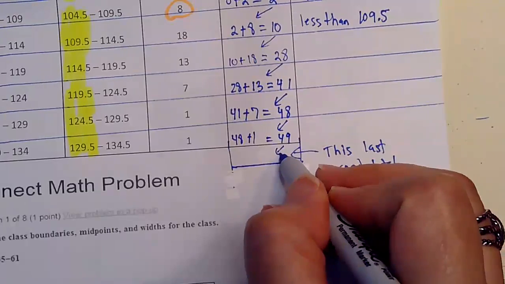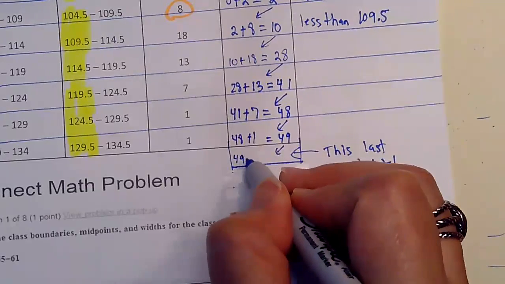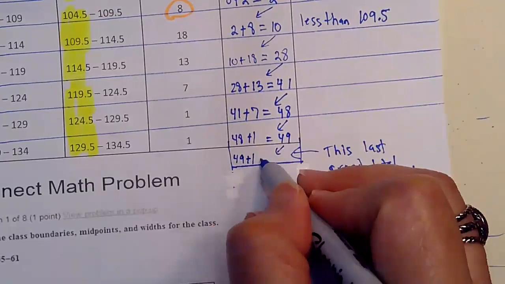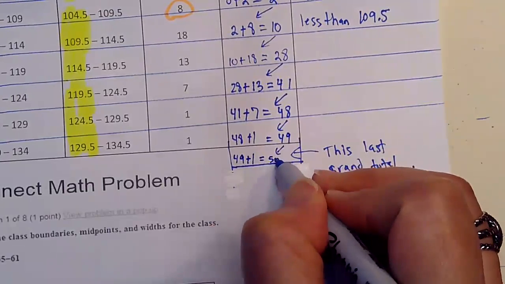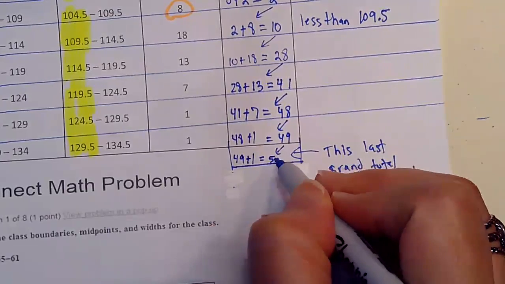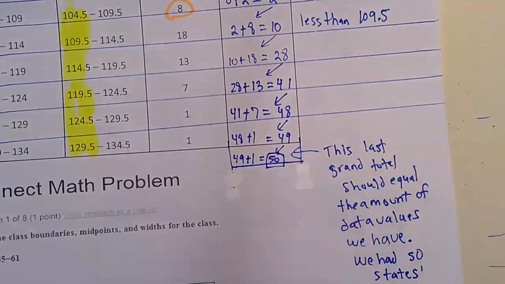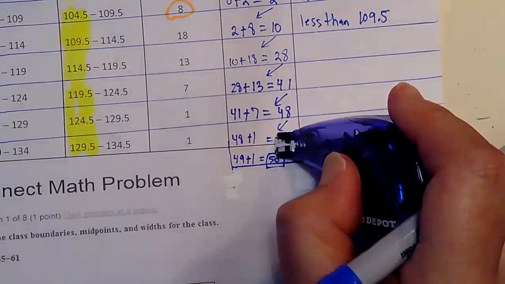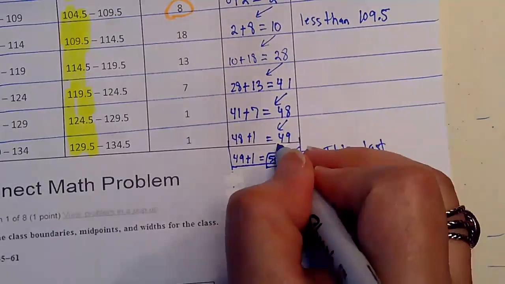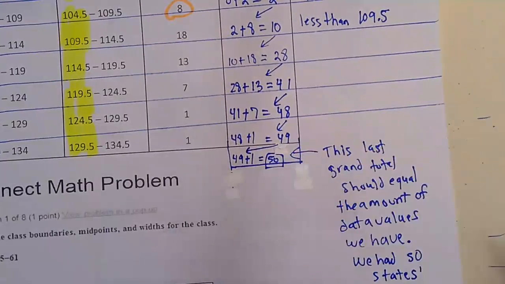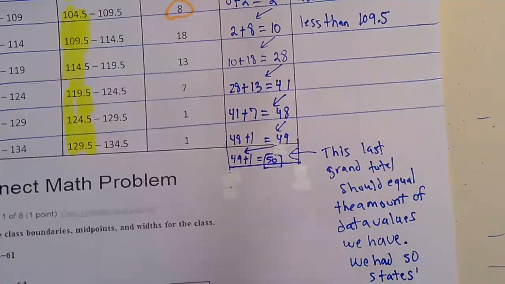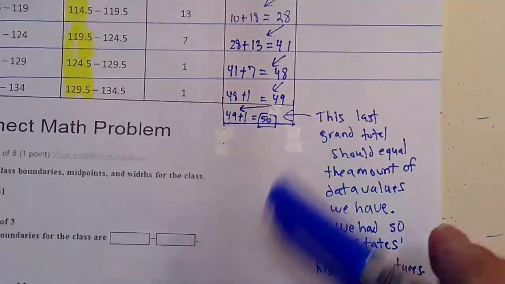And then we'd have 49 plus 1, which is 50. Okay, which is 50. All right. So do you see now that checks out?